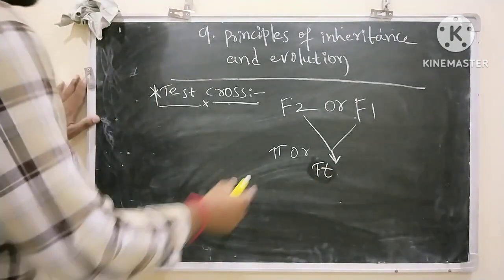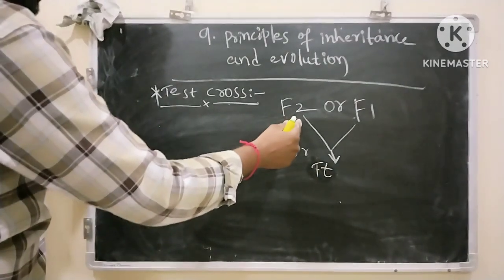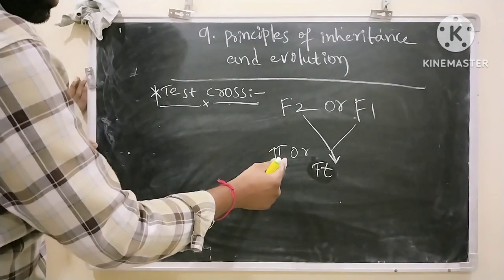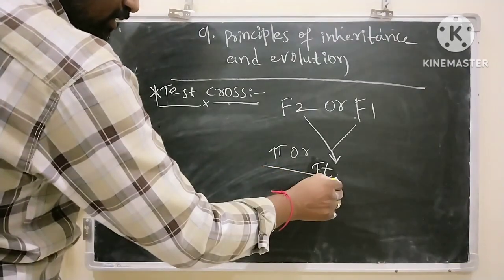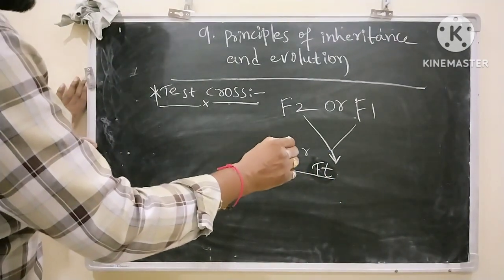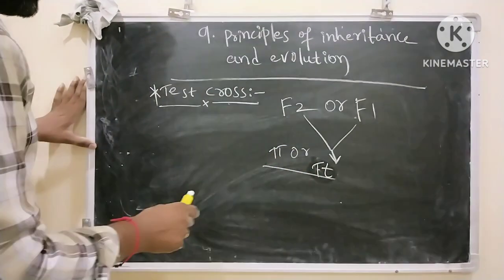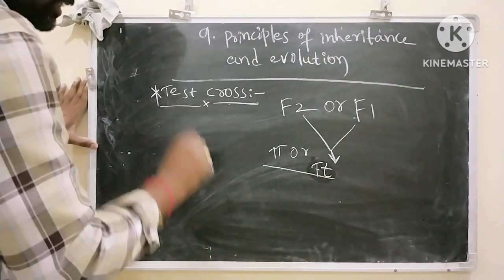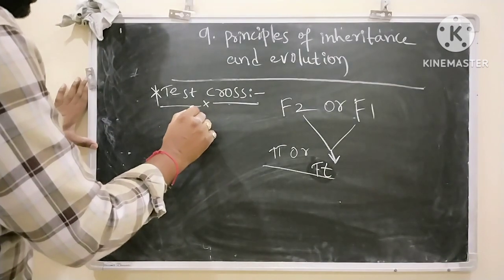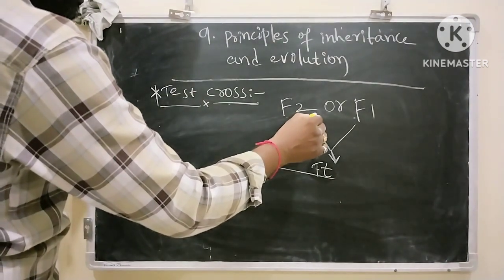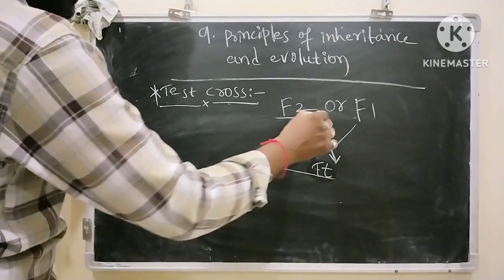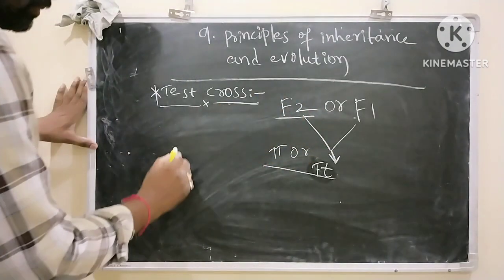Whatever the phenotype is there, it is not possible to determine the genotype by seeing the phenotype of a dominant trait.